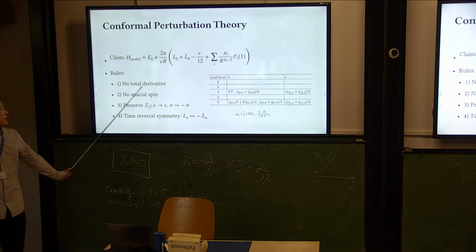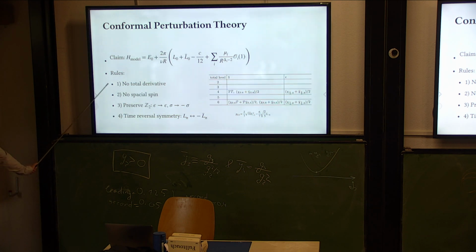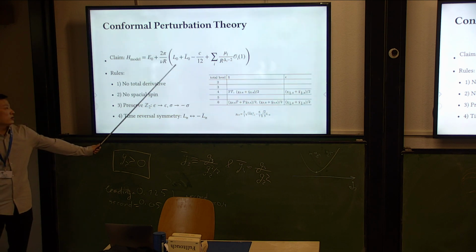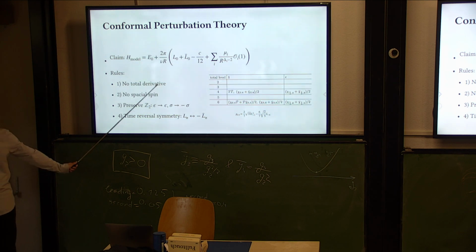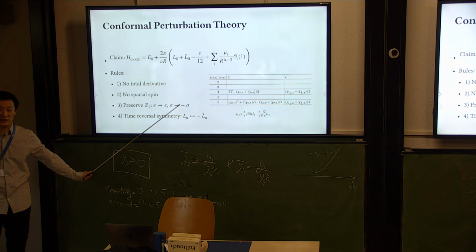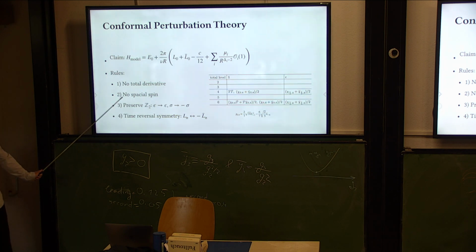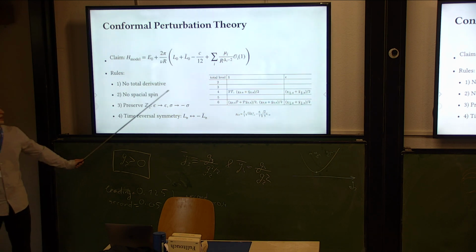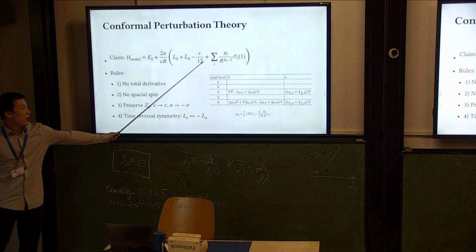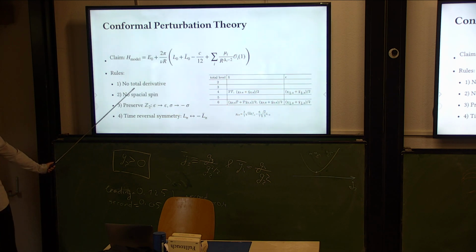And the rules are the following. First, none of these operators can be a total derivative, because if you perturb the action by a total derivative, it's completely trivial. So basically, all of our operators that can show up will be quasi-primaries of the CFT.